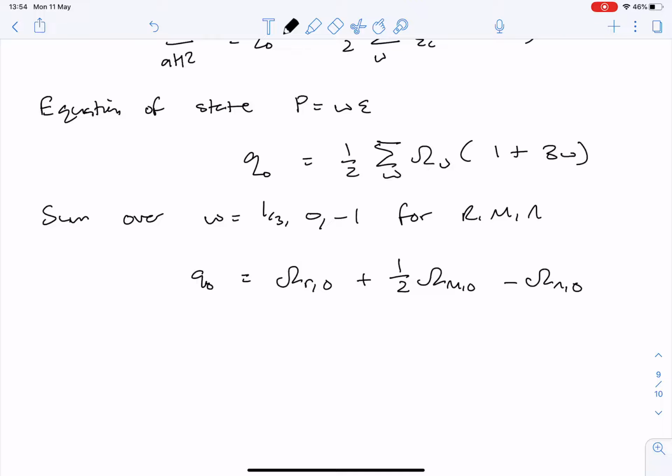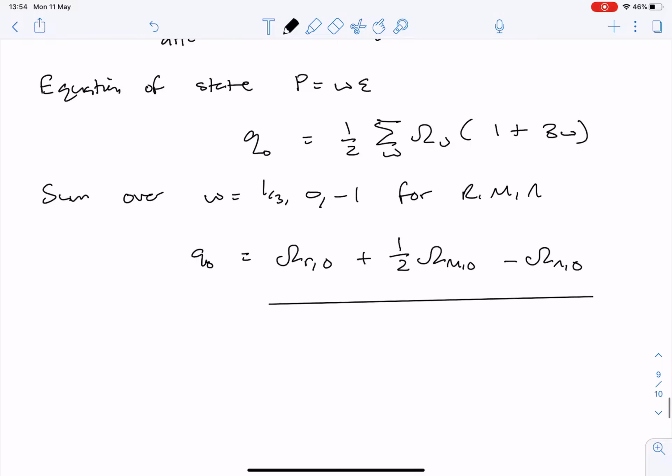And so my q naught is in fact directly related to the densities that I've just mentioned earlier in the lecture. I can now tell you what q naught is by summing in that this is 0.27 and this is 0.73, and I can work out what my q naught is, and indeed it tells me that I should have an accelerating universe.